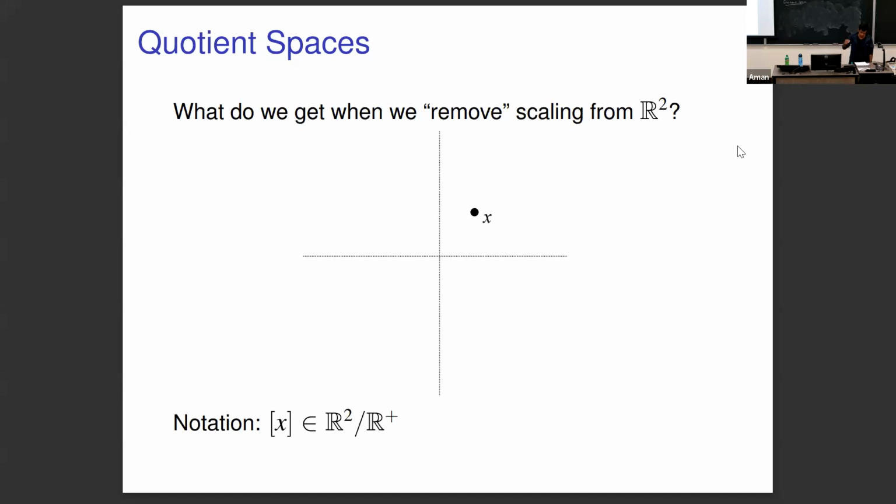But essentially, for dimension n equal to 1, a projective space Pn over the real line is a set of 1-dimensional subspaces of Rn+1.